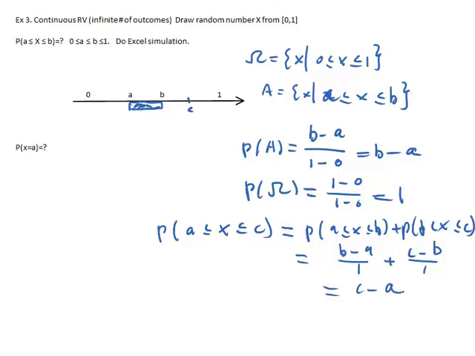The key about this point is that we have to assign the probability measure that makes sense in this case. The second question asks, what's the probability that x equals a? In this case, the probability that x equals a is 0 because there's no length in one single point. Some people might ask, how come it can be 0?